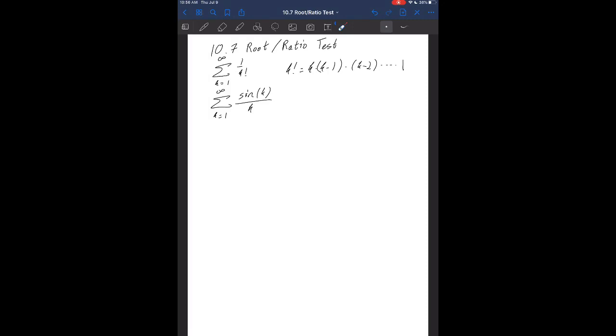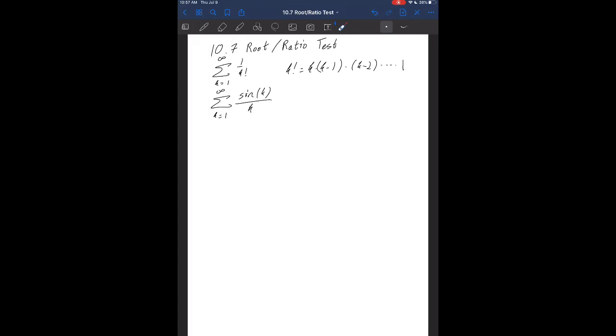But it's not alternating. We might have runs of two terms which are both negative or both positive. So this is an example where we couldn't use the alternating series test, and because the integral test and comparison tests only work for positive terms, we just don't know how to tell whether it converges or diverges right now.